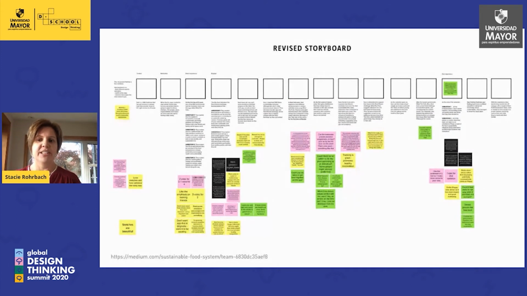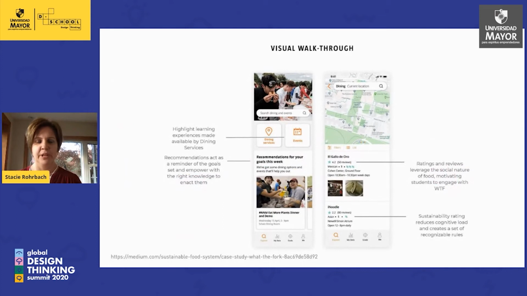The team created extensive storyboards that took into account the actions that participants would take to move through their design system effectively, as well as the needs and desires of their users throughout the process. They created visuals that walk participants through each step of their system, and they conducted prototype testing with users to determine where people struggled.